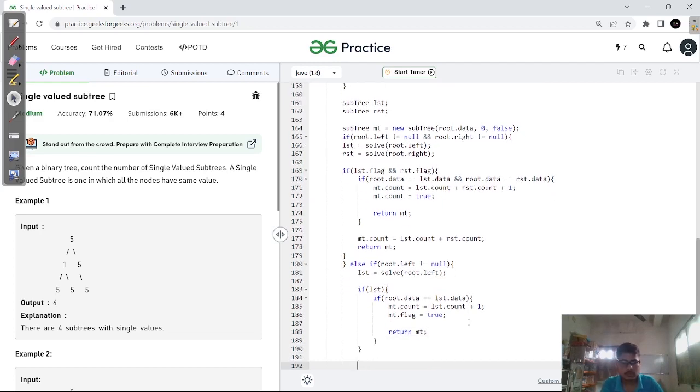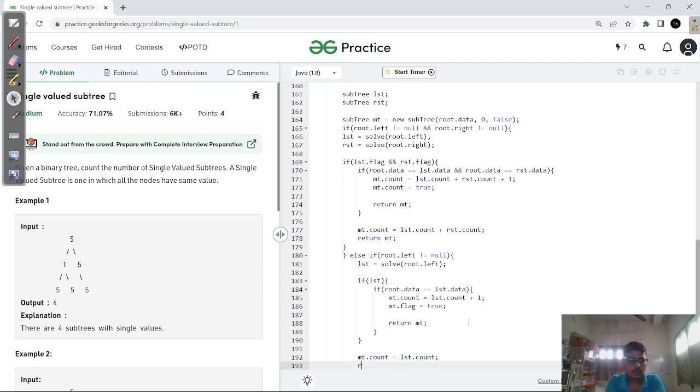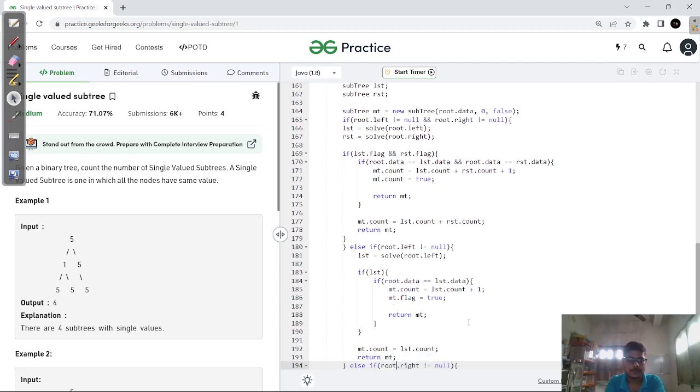Else I will just give my count as my children's count and return my tree.